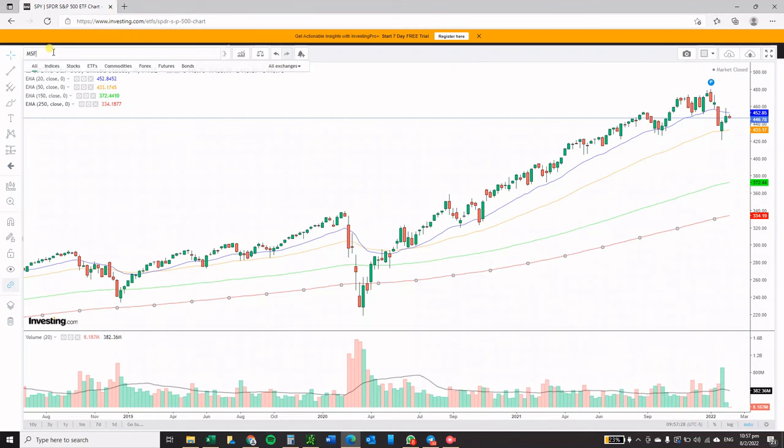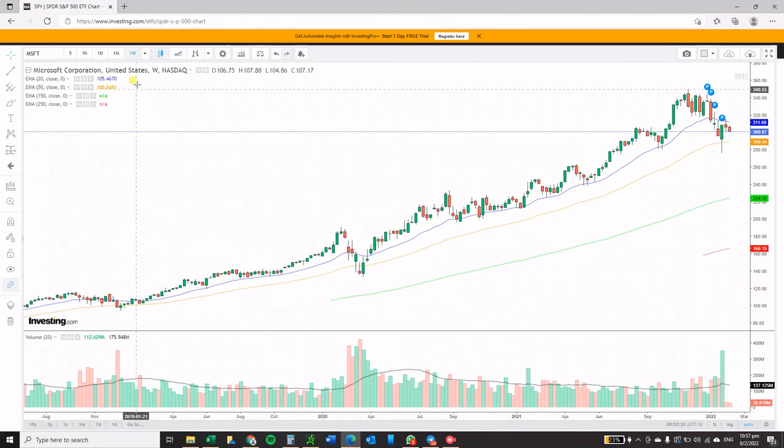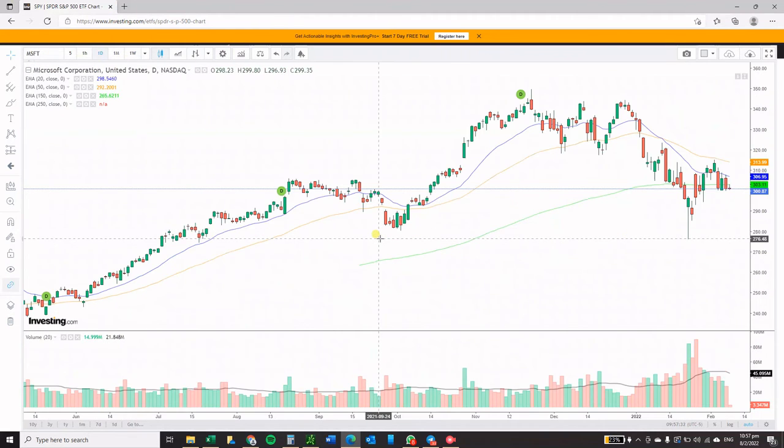Let's see, for example, if you want to do Microsoft, I'm going to do the daily candle. Even for Microsoft, if you see, the 20 EMA also acts as a support. Do note that it's a range. It may not always be exactly at that point, but it's about there.